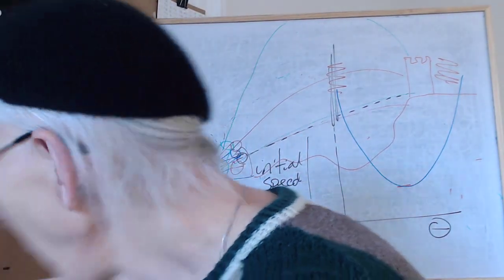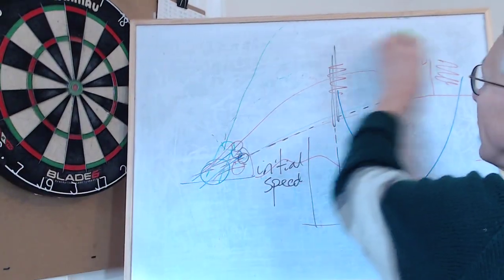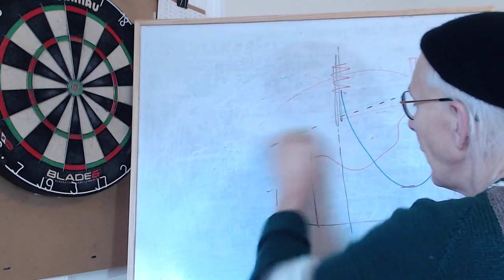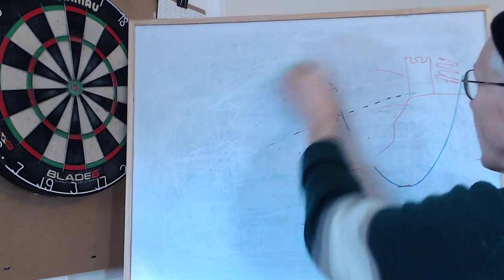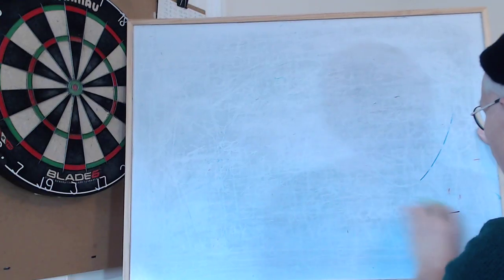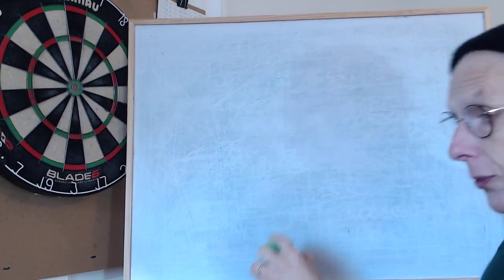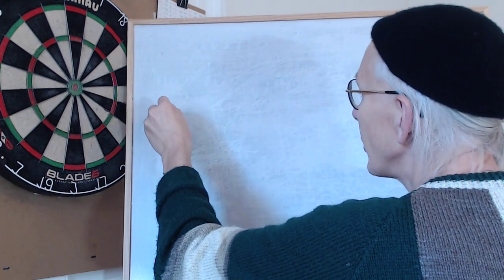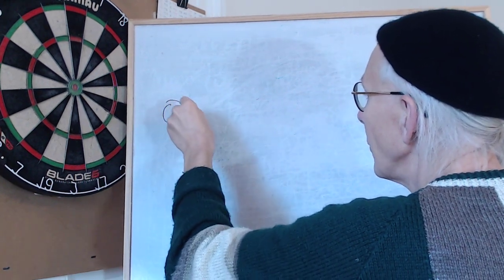So let's go back and draw our matchstick dart player and just get a feeling for all of this in terms of, no more cannons and towers and sieges, but a game of darts. So let's do a really quick sketch of our setup. We've got our gentleman playing darts here.